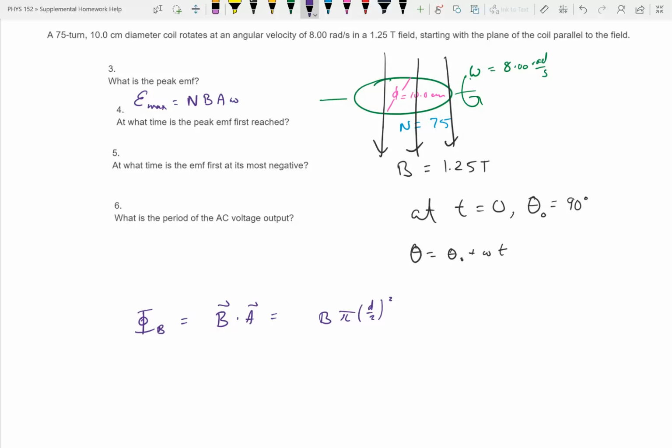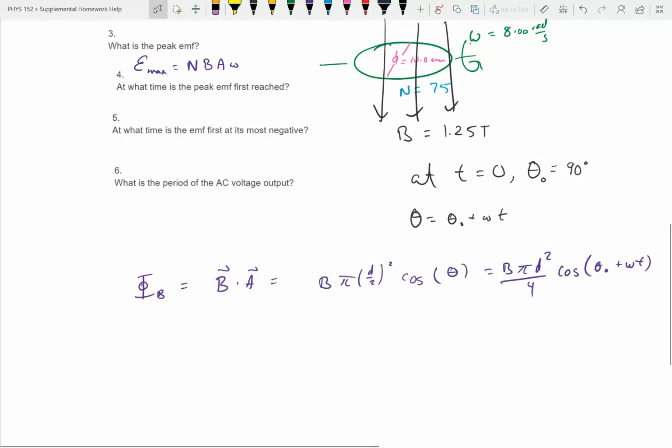And so that would be times cosine of theta, equals B pi d over 2 squared. I can put d squared over 4 cosine of theta initial plus omega t. So that's the magnetic flux.